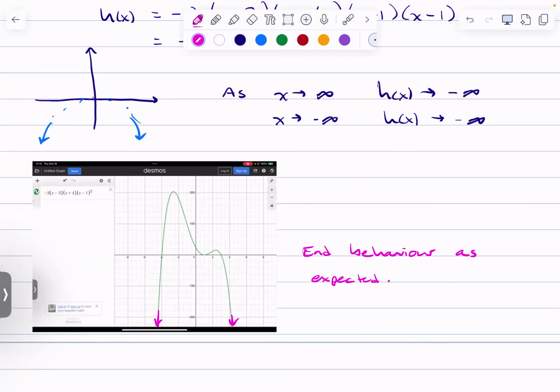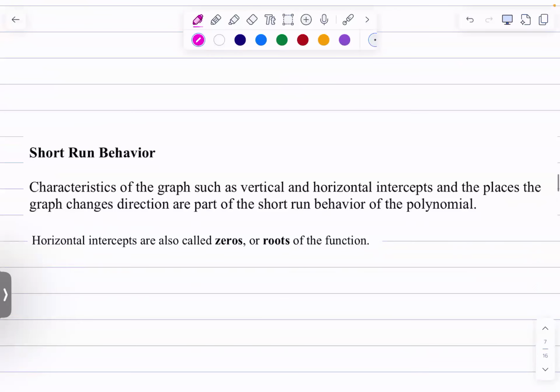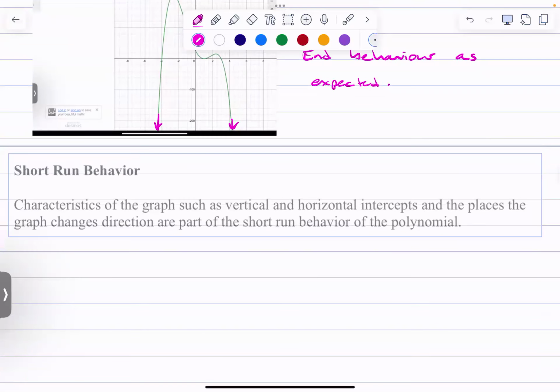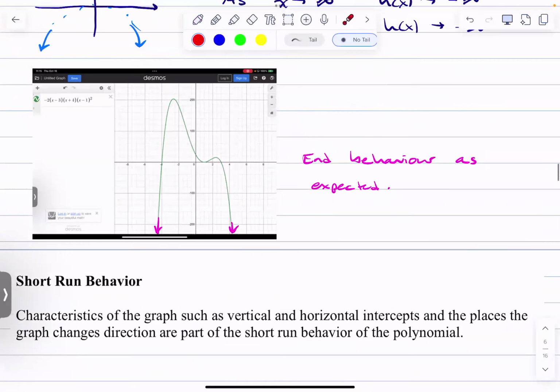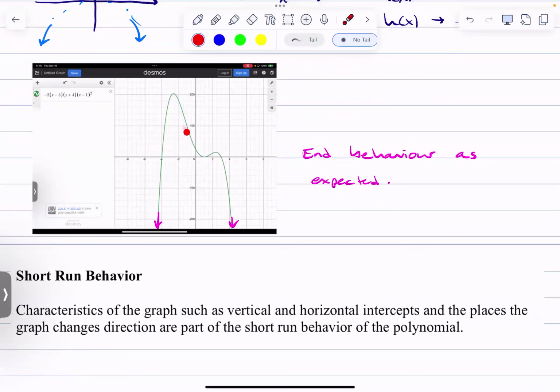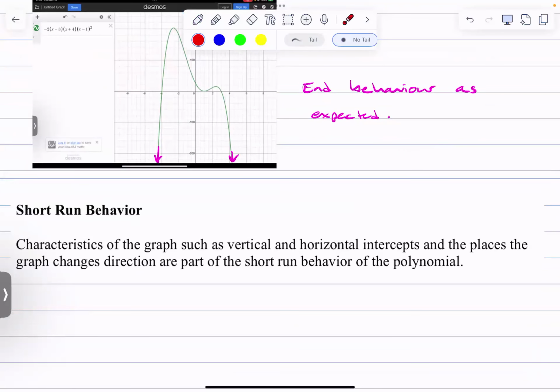Oh, nice. What about this activity? This will be your short run behavior, right? So the short run behavior is going to be all the action in the middle.